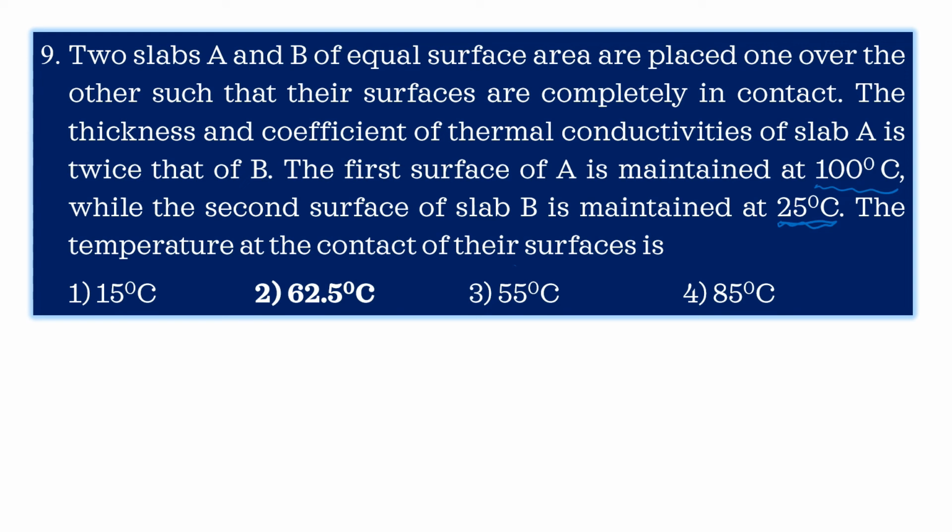Now let us go to the solution. They have given us that the thickness and the coefficient of thermal conductivity of slab A is twice that of B. So that's why LA is equal to 2 into LB.